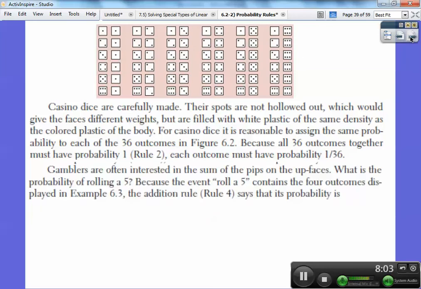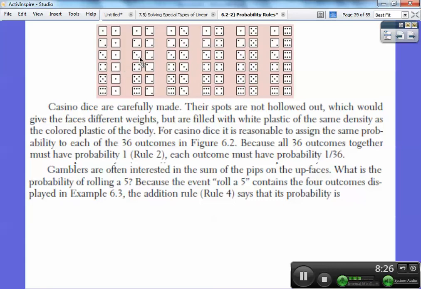Gamblers are often interested in the sum of the pips on the up faces. The pips are just the numbers that you see that are upside. So what is the probability of rolling a 5? Your bottom number is 36 because there are 36 different ways. And you go count the ones of rolling a 5. I can get a 4 and a 1.